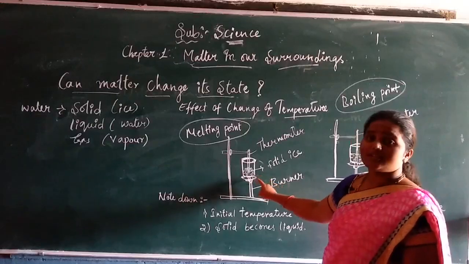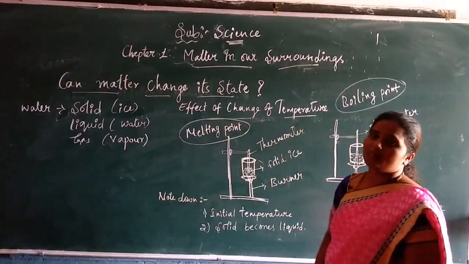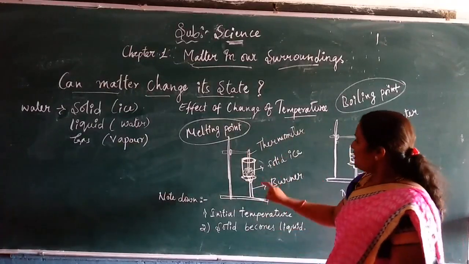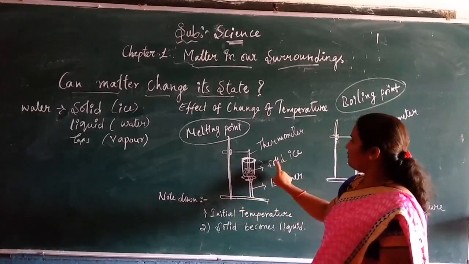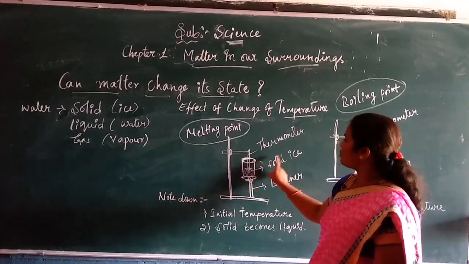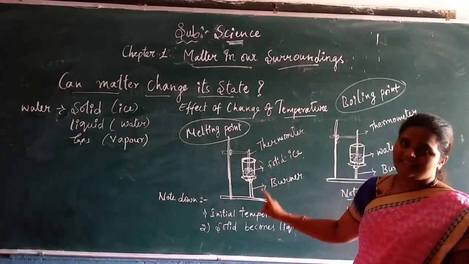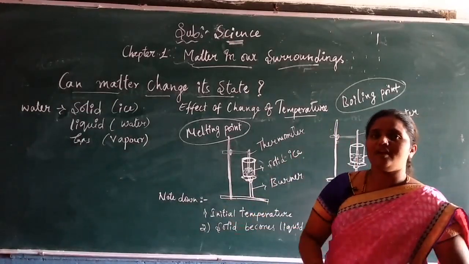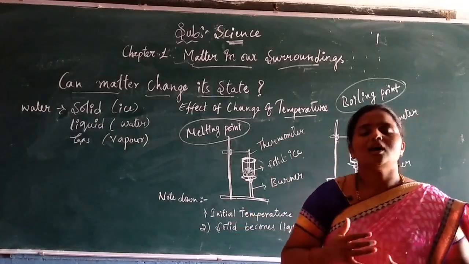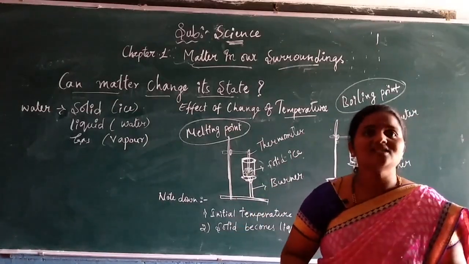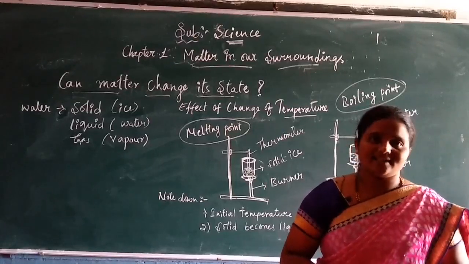You can use crushed ice also, then a burner and a thermometer. In the first step, we fill half of the beaker with crushed ice, then note down the temperature of the solid ice.